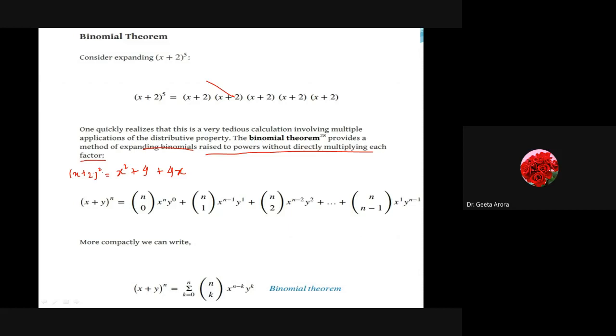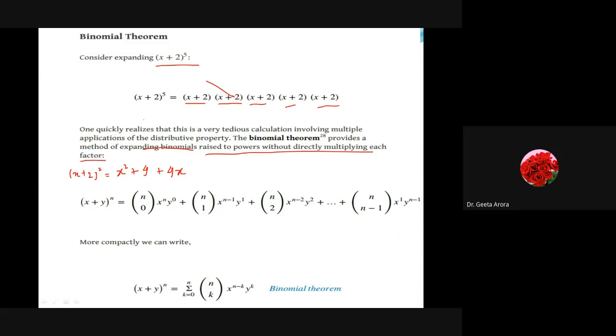Similarly, I can write down the formula for power 3, 4, but as the power increases, it's not feasible to take the polynomial and multiply it each time by the same term. So that's why we have to use the binomial theorem. Means if I have to write down (x plus 2) raised to power 5, it means I have to multiply x plus 2 five times together, (x plus 2) into (x plus 2) into (x plus 2) and so on.